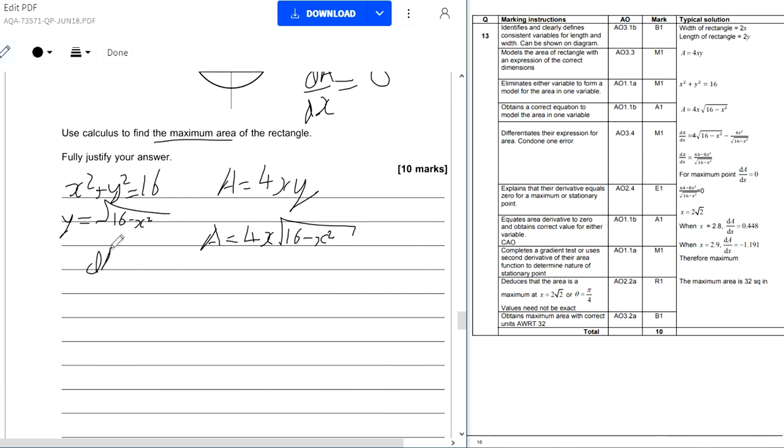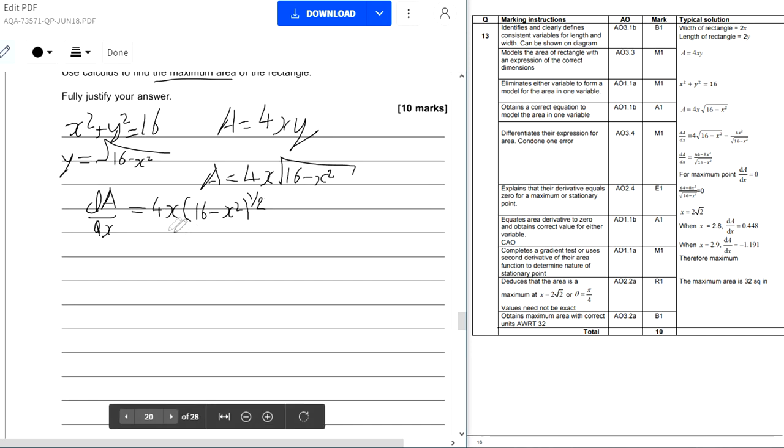So dA/dx, where A is equal to 4x times (16 minus x squared) to the half. The reason I've done it to a half is because you have to have it in some form that you can differentiate, and I find indices much more useful than square roots.